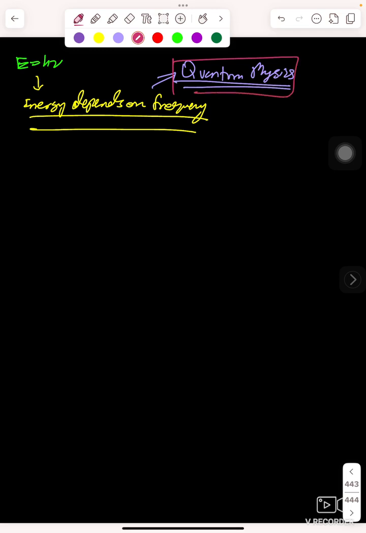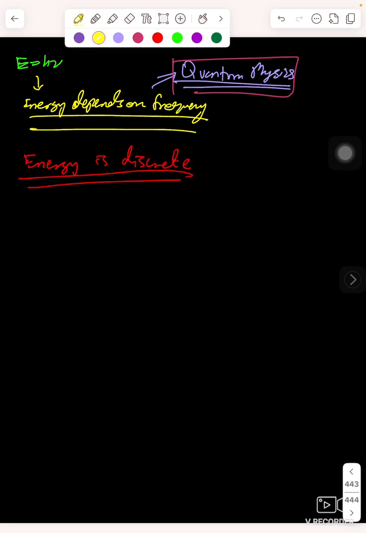Now, what is the equation telling us? What is the use of this equation? This says that energy is discrete. Now, what is discrete? Discrete means it comes in small packets. These are all small individual packets.